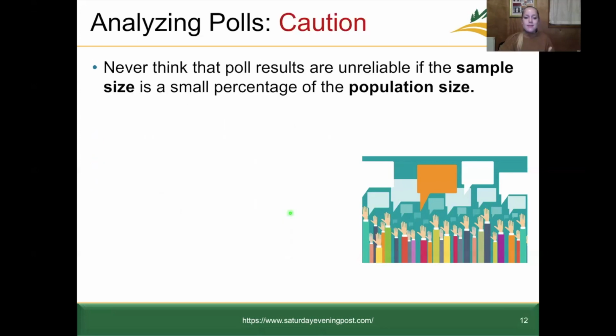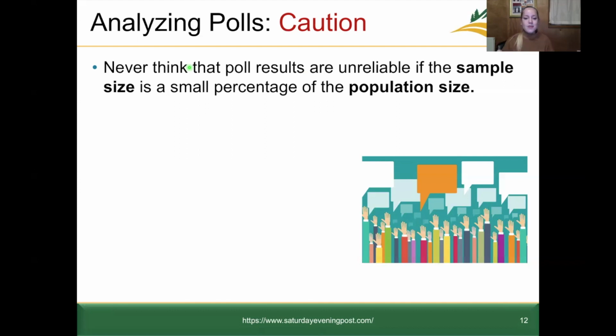More on analyzing polls, we need to be cautious and never think that poll results are unreliable if the sample size is a small percentage of the population size. If the sampling method is sound and samples are taken completely randomly, then it can be representative of the population.